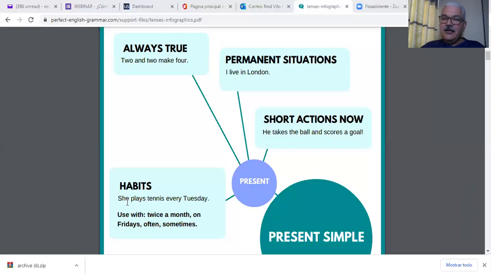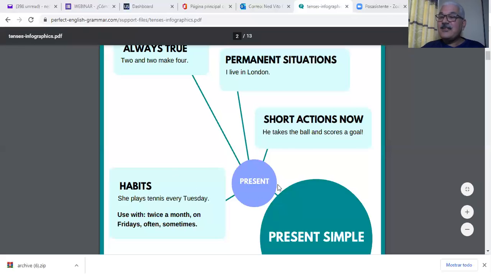Like you every day eat, or you take a shower. That's why you use the present simple. You say, I take a shower. You take a shower. We use this because it is a habit. So these are the 4 reasons: always true, permanent situations, short actions now, and habits.